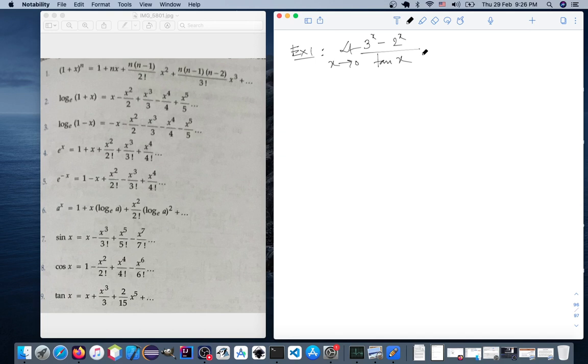So over here, we have 3 to the power x and 2 to the power x. It would be nice if we can somehow have 3 to the power x minus 1 and 2 to the power x minus 1, but then we need x in the denominator.